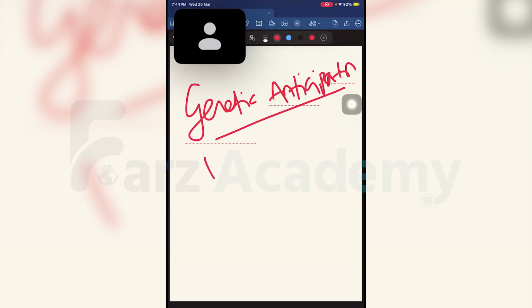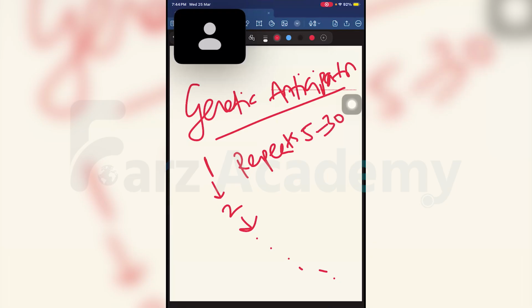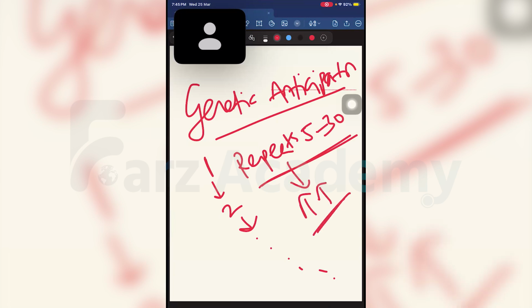What happens from generation 1 to generation 2 to further generations? You and I all have the normal number of repeats. It may be a normal cutoff of 5 to 30, or 100 to 150, but a person with a disease has a pathological number of repeats, right? So in my next generation these repeats are going to be increased or amplified in number, right?